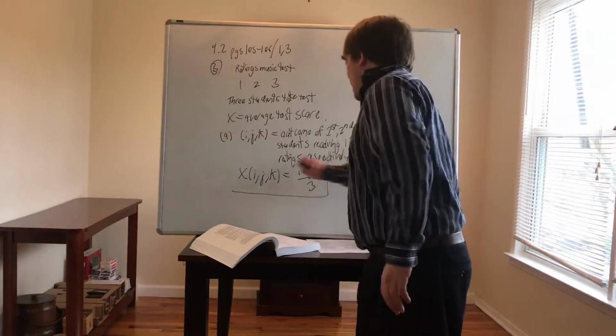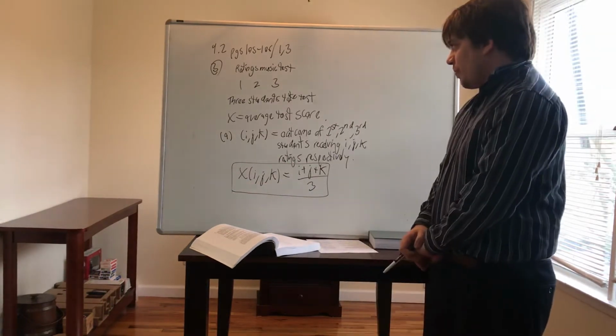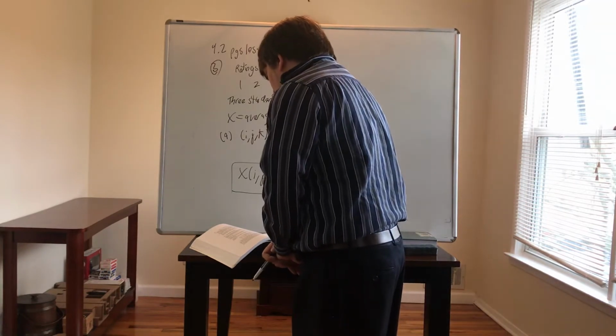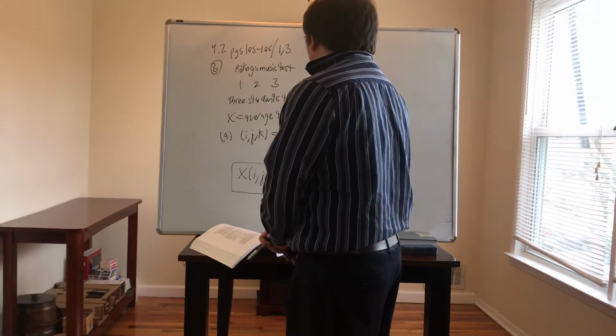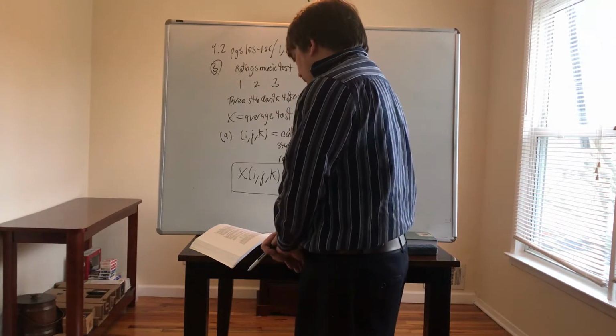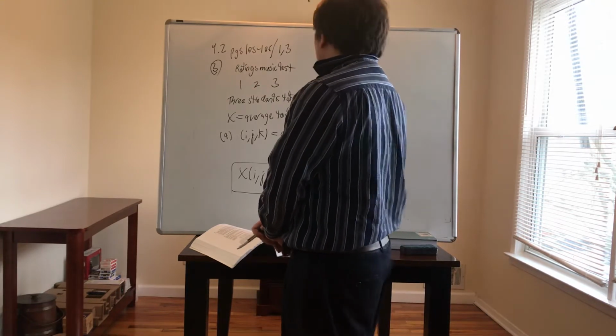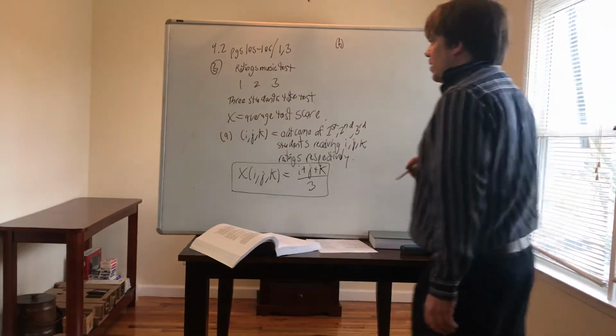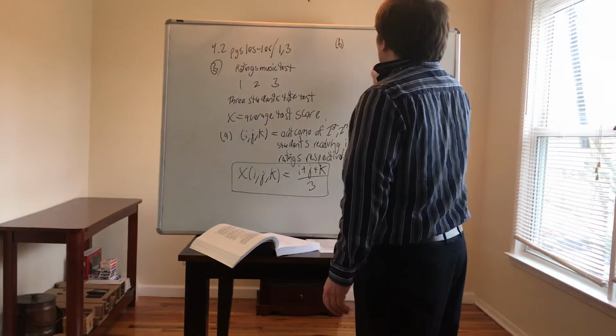Okay, and so that is the answer to part A. And then part B is use a table of values to define the random variable X. So let's see.